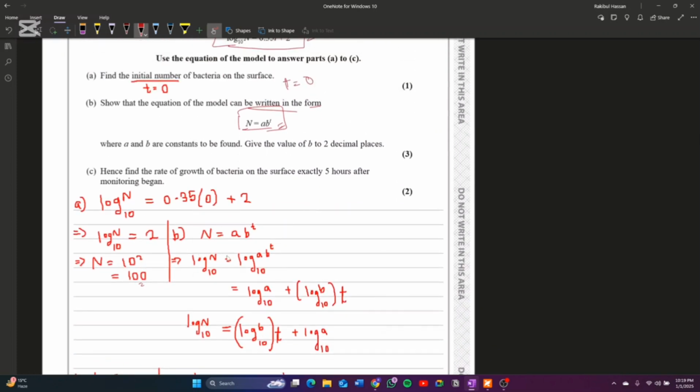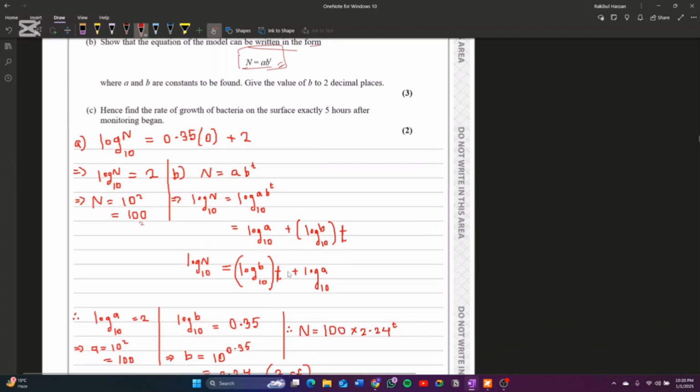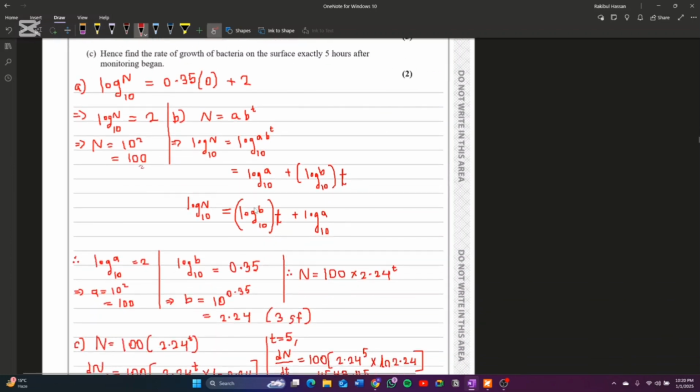If we take log on both sides, log base 10 of n equals log base 10 of a b to the power t. Since it's a times b, we can write them separately as log 10 a plus log 10 b times t, since this is the power, so the power goes in front. So log 10 n is equal to t log 10 b plus log 10 a.